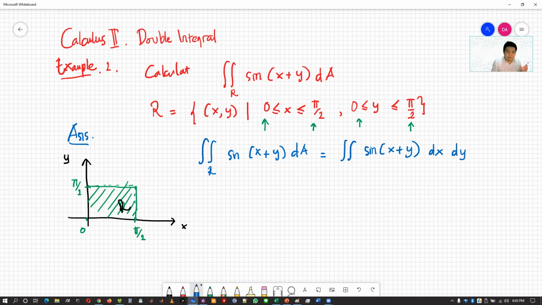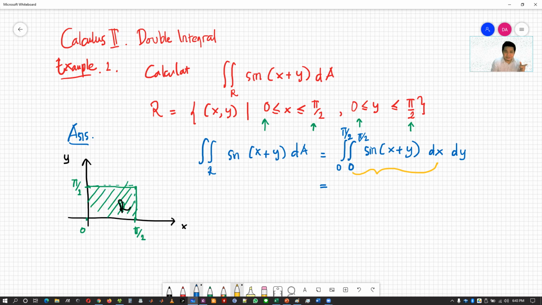Now remember the boundary of x and y itself. x is between 0 and pi over 2, and the same for y, pi over 2. Now we integrate this with respect to x, and I'll write it in a different color.